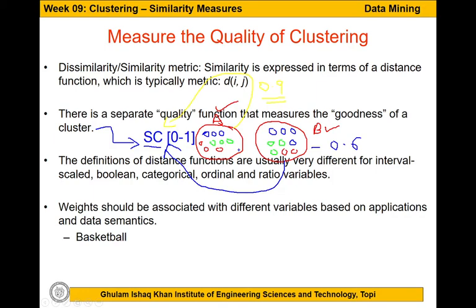So the higher the value of the Silhouette coefficient, the better the formation of the clustering. So if you see here, assuming that this value is obtained for clustering formation A, it means as compared to clustering formation B, clustering formation A is better, right?